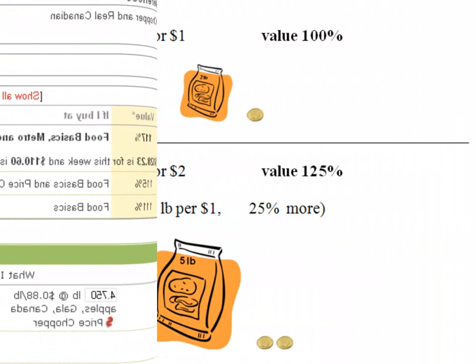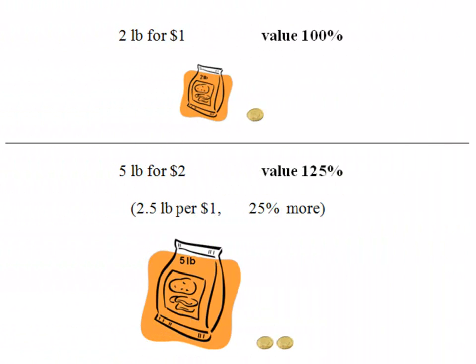For example, if an item is available in a 2-lb package for $1, for instance 2 lbs per dollar, and in a 5-lb package for $2, for instance 2.5 lbs per dollar, the first one has a value of 100% and the second one has a value of 125% because it gives 25% more quantity per dollar.